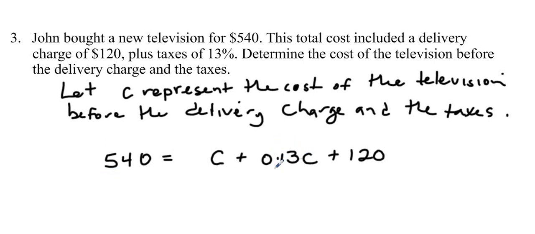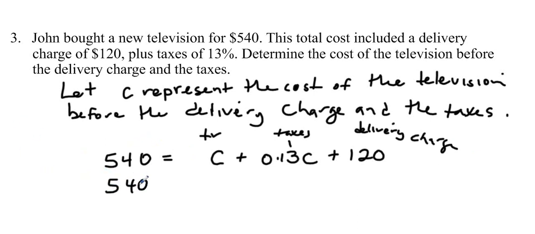13%, we have to change that 13% into a decimal and multiply it by whatever the cost of the television was. So this is the taxes, this is the TV, this is the delivery charge. Right? Okay, and then this is the total. So now I'm going to take $540. I'm going to add these two together.